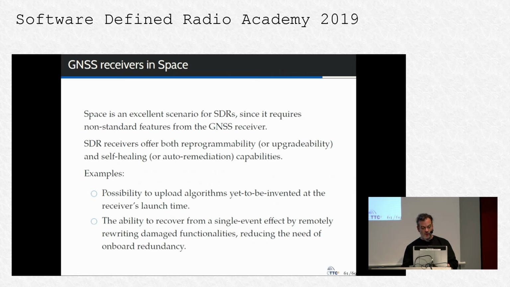SDR also offers reprogrammability and self-healing, which is also important in space technology. For instance, you can upload algorithms to the spacecraft which were not invented at the time of the launch, which is quite nice. Or the ability to recover from a single event by remotely rewriting damaged functionalities, reducing the need of onboard redundancy, which is also good.